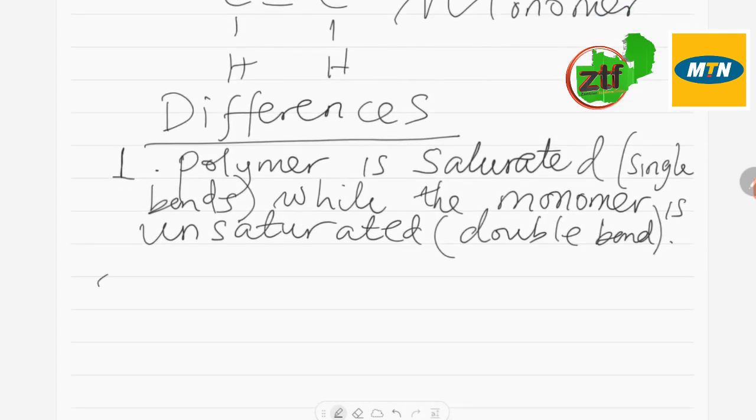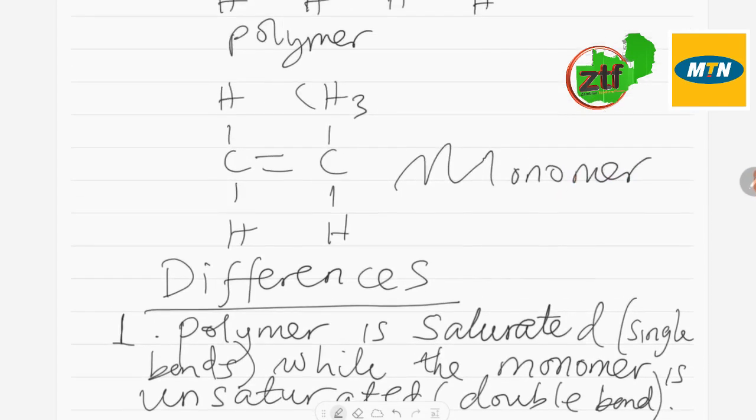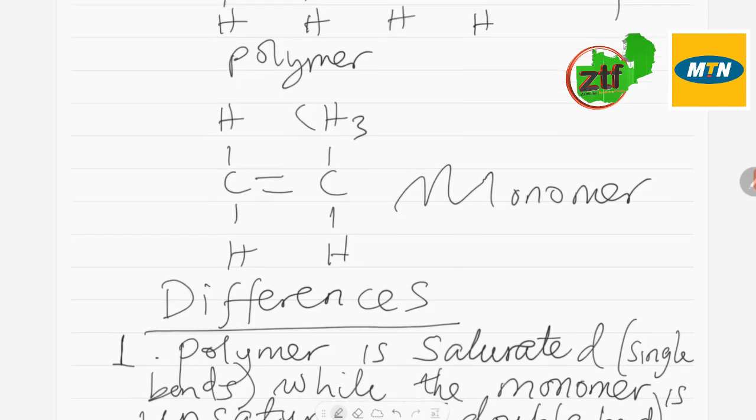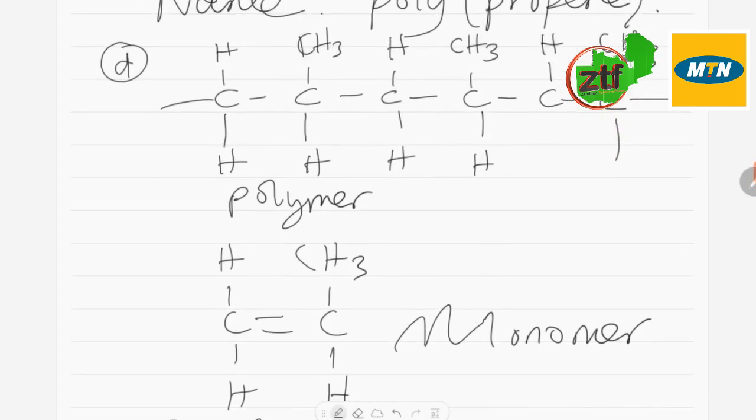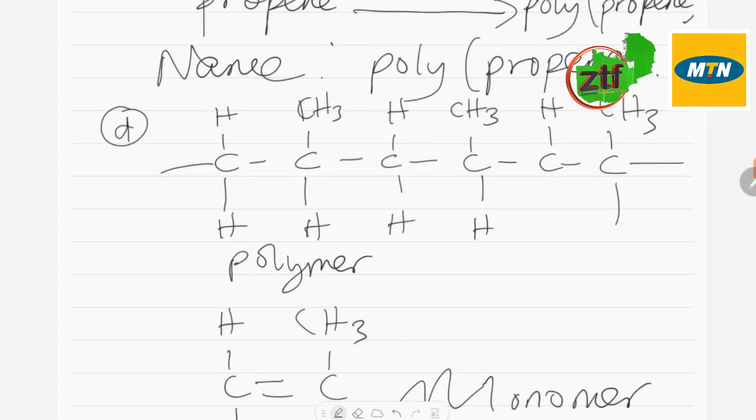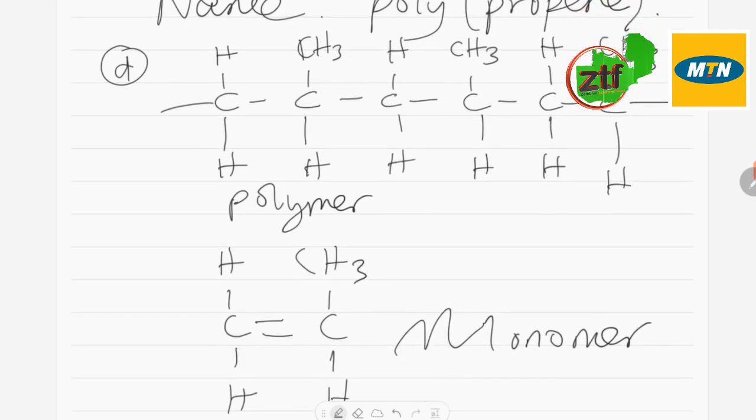Number two, when we check the number of carbon atoms in our monomer, they are very few compared to our polymer, meaning that the relative molecular mass of our polymer is going to be greater compared to the relative molecular mass of the monomer.